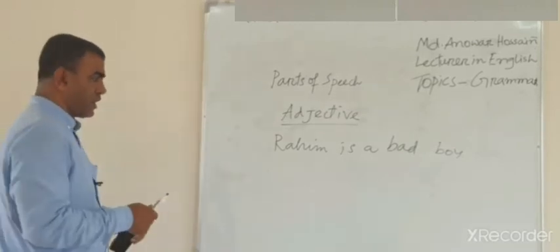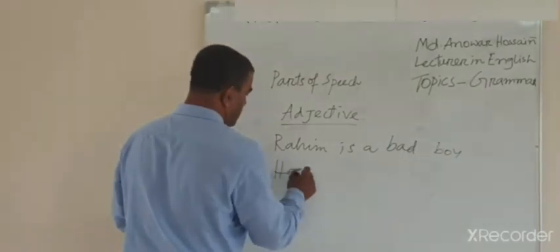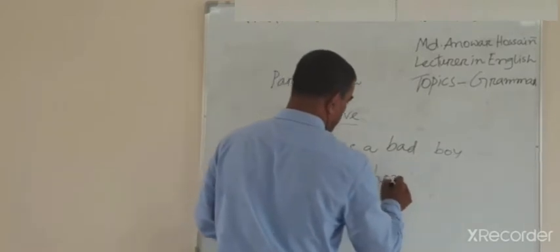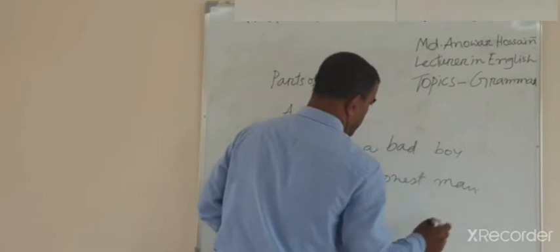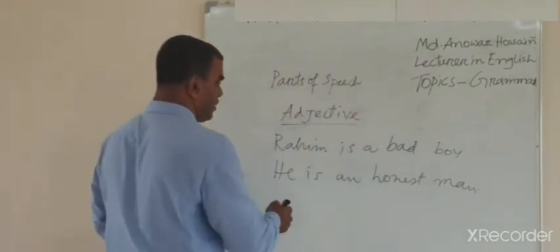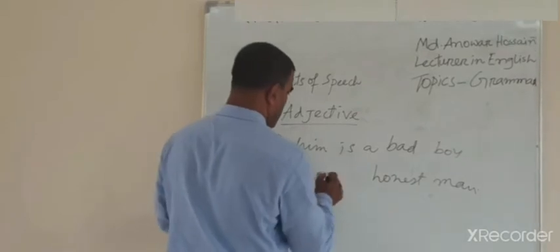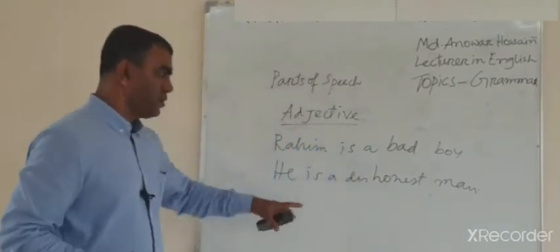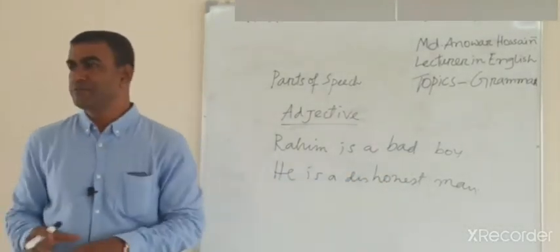Here we can mention another example. He is an honest man, or he is a dishonest man. Here, both honest and dishonest are adjectives.